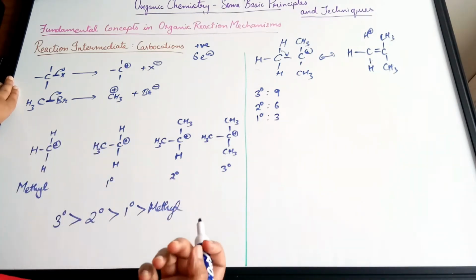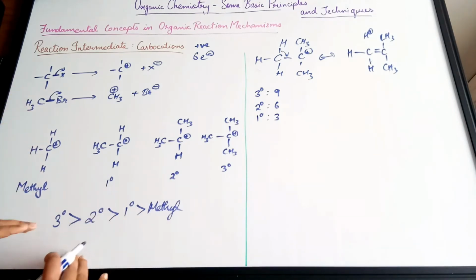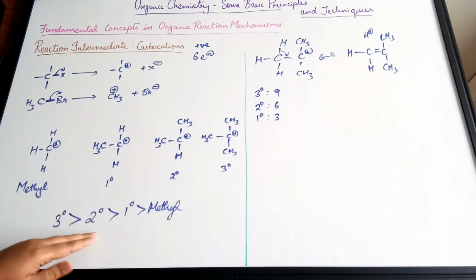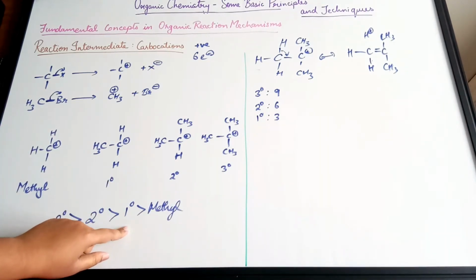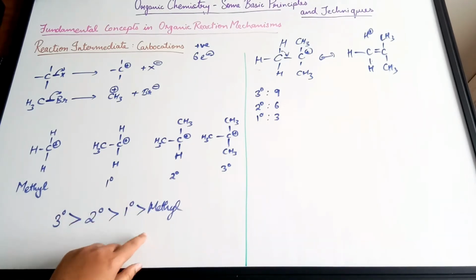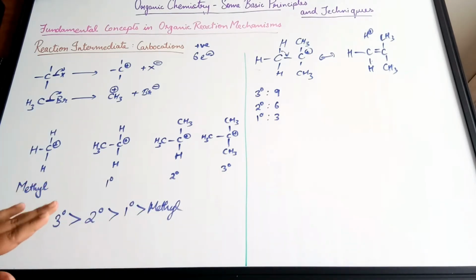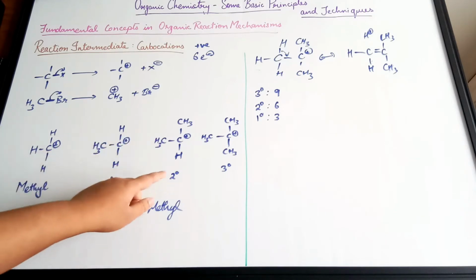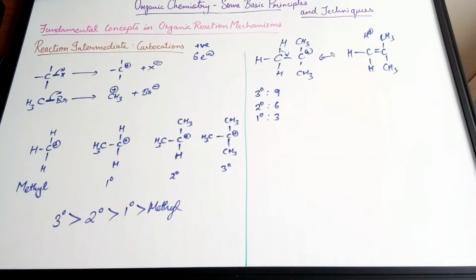So based on hyperconjugation as well, we can explain that tertiary is more stable than secondary, is more stable than primary, is more stable than methyl. So for the stability of the carbocation, first of all, inductive effect: we are talking about the presence of CH3 groups. These groups are making sure that the positive charge on the carbocation is getting dispersed. And because of that, the more CH3 groups present, the more the stability.